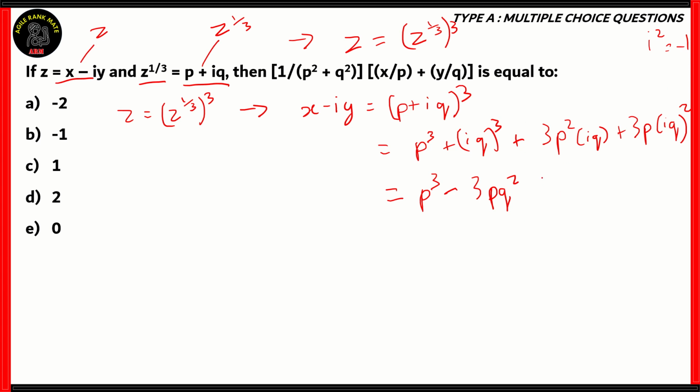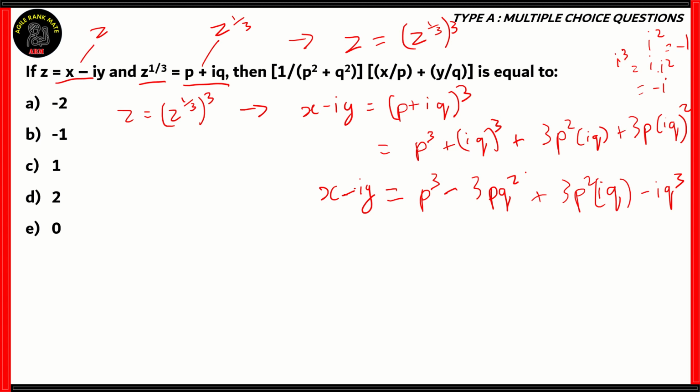Then we have the imaginary side, which is 3p squared times iq, and (iq) cubed. If you have i cubed, then it's the same thing as i times i squared, which is minus i. So therefore you have minus iq cubed. So this is the value of x minus iy.